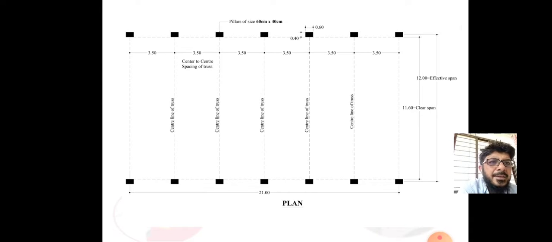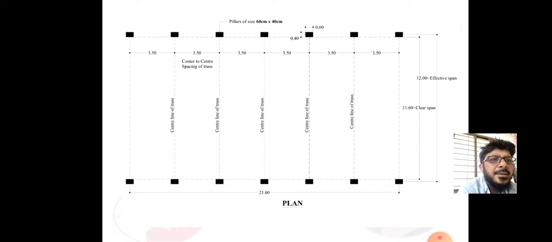Now we'll see a plan of the truss, meaning the shed. In this plan we'll find the effective span of the truss as 12 meter and the clear span as 11.6 meter. This is just one example of a plan of the truss.